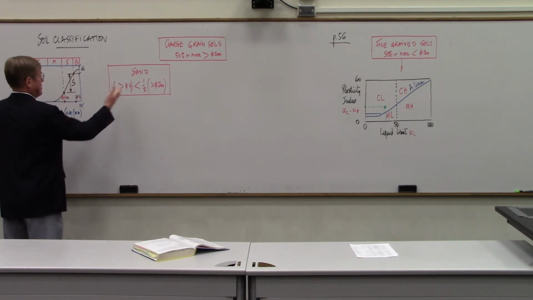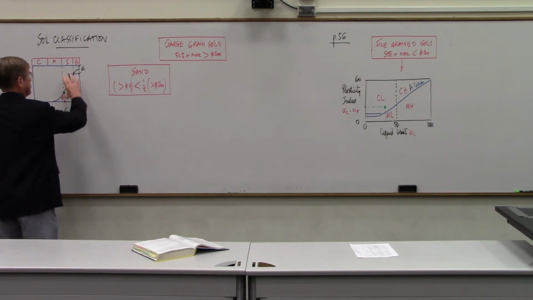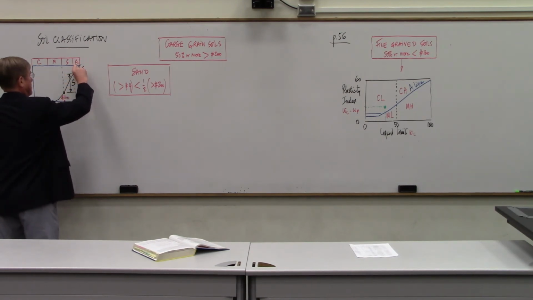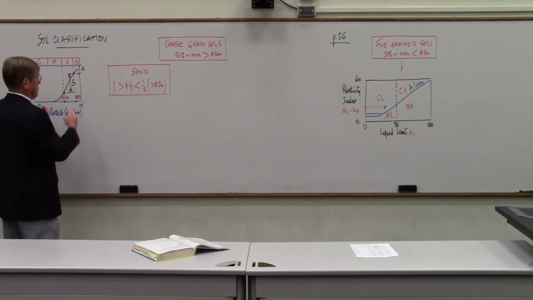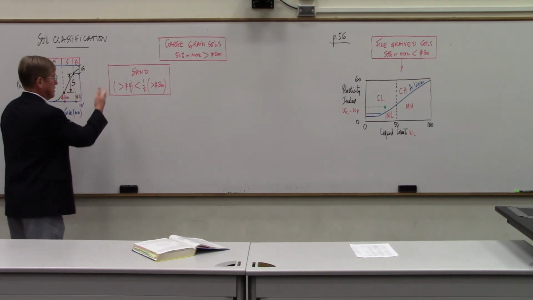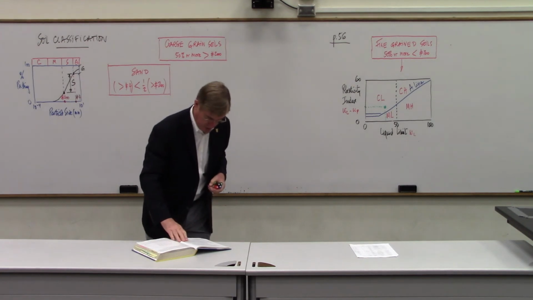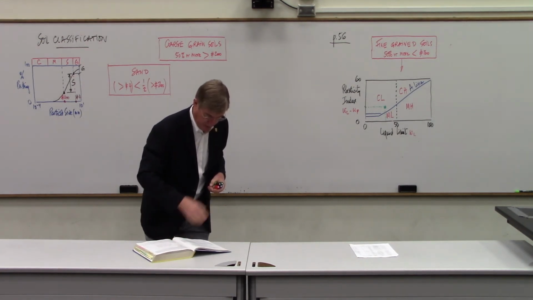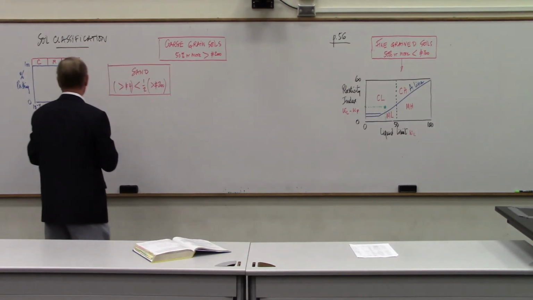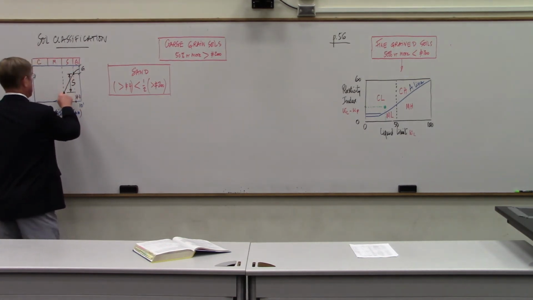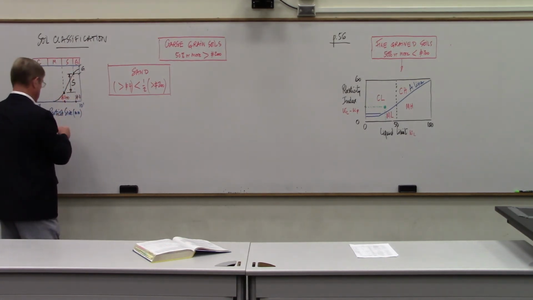You can check it this way, but I would suggest that you look at how much sand you have and how much gravel you have, and if you have more sand than gravel, then the classification should be a sand.